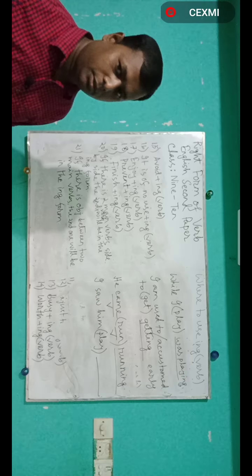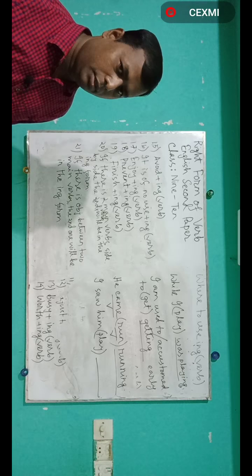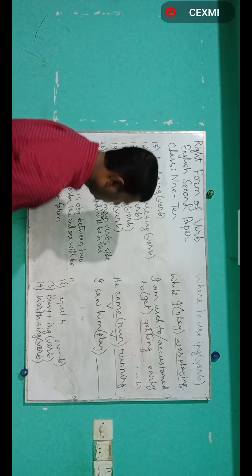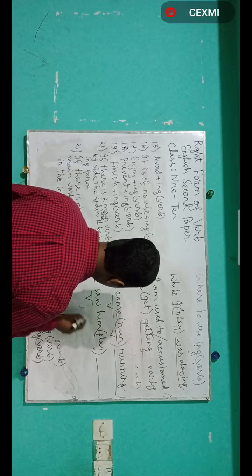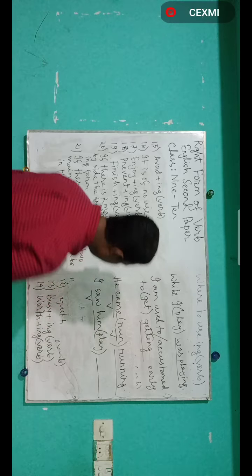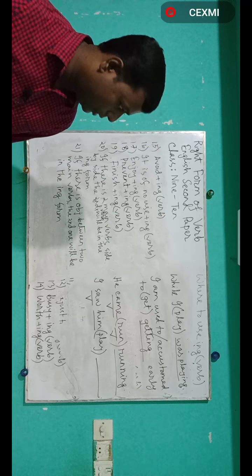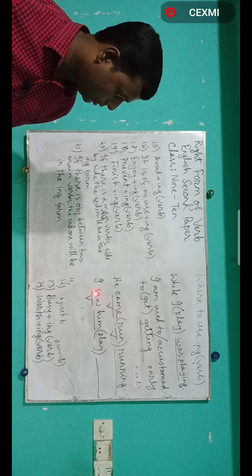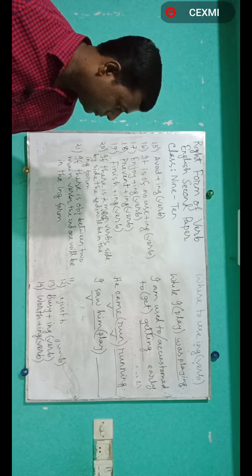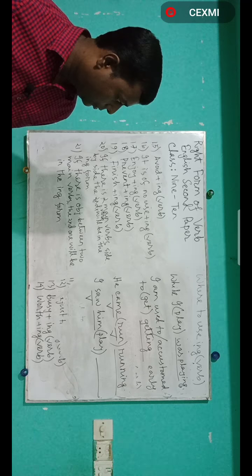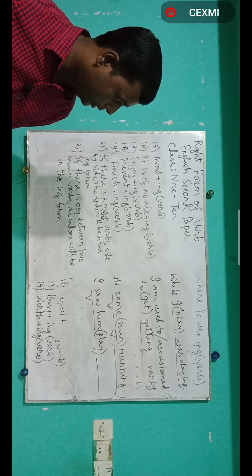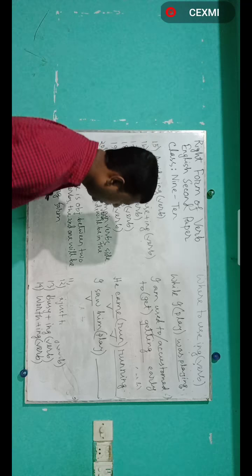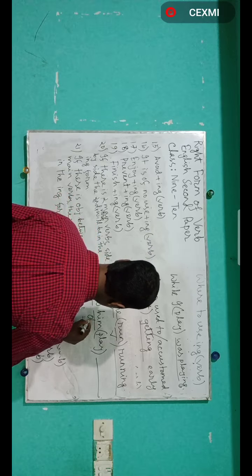Saw denotes doing or acting or action. So it is a verb. And what is him here? Him is the object of saw here. What did I see? The answer is him. So here him is the object.